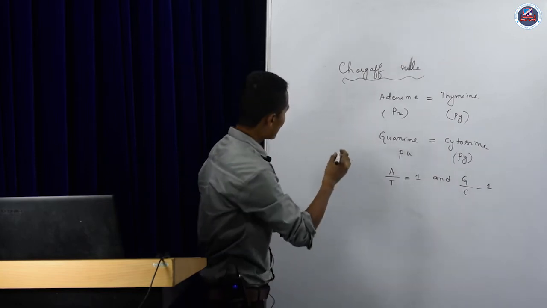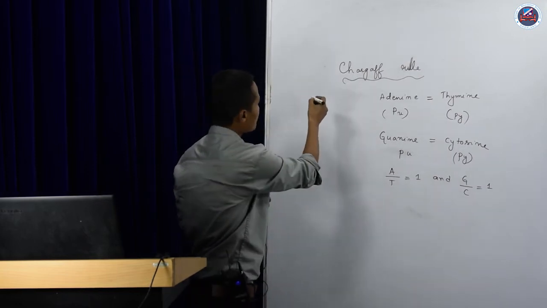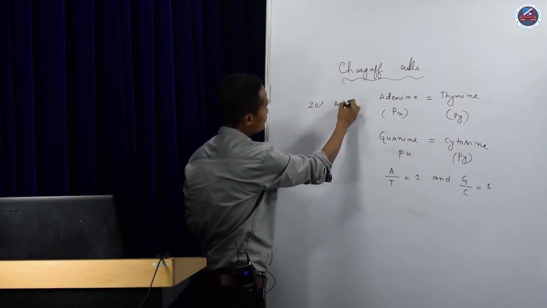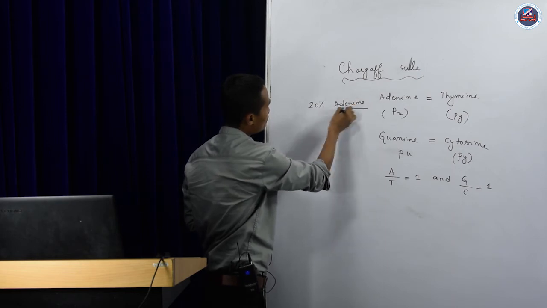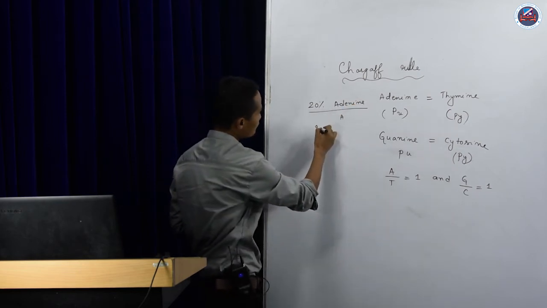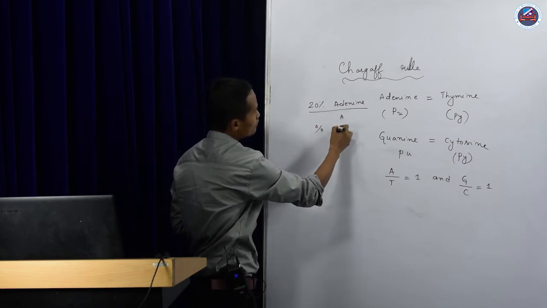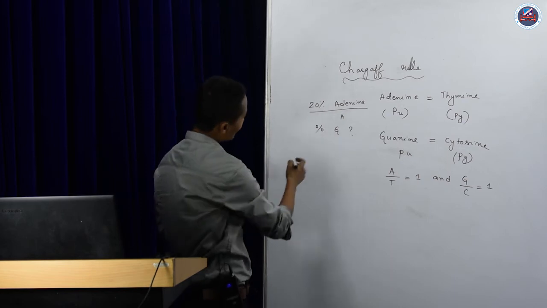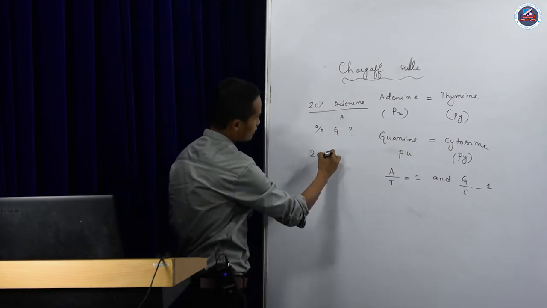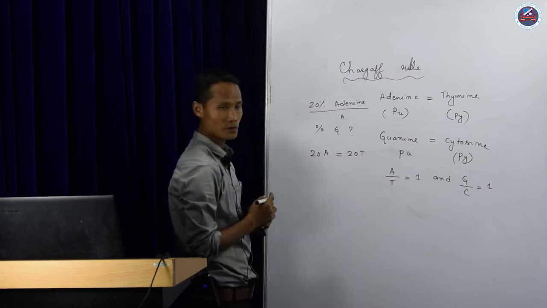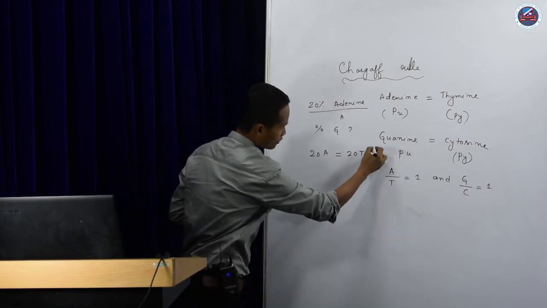Now let me give one example. If I have 20% adenine, what will be the percentage of guanine? If I have 20% adenine, then there must be 20% thymine. So 20 plus 20 is 40.